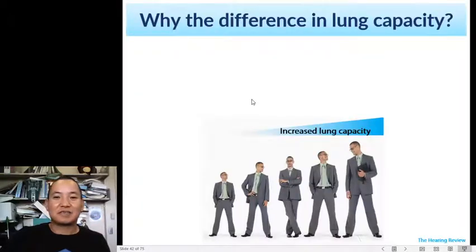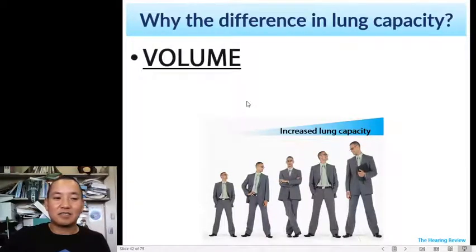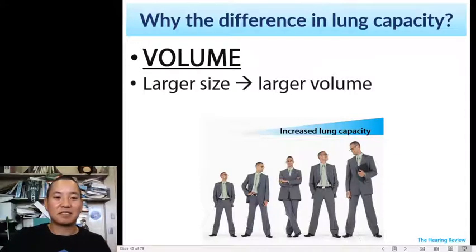Why the difference in lung capacity? It's all due to volume. So on average, who tends to be bigger and taller? Right, men tend to be on average taller, so this is why they also have increased lung capacity. As you have an increased height, your rib cage also has an increased size.